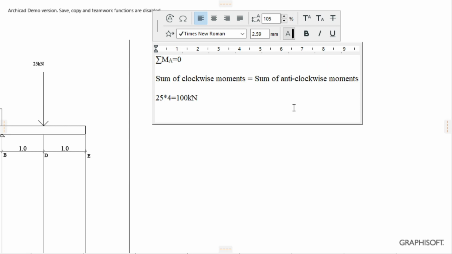Then we proceed. We assume that the UDL now is a point load acting at the center. So we shall have 100 times 2 to get the moment for the UDL, plus 40 times 2 to get the moment for the 40 kilonewton load, plus 25 times 5 to get the moment for the 25 kilonewton load.